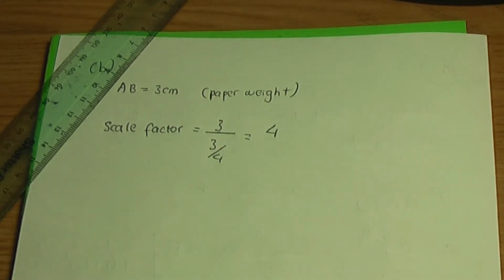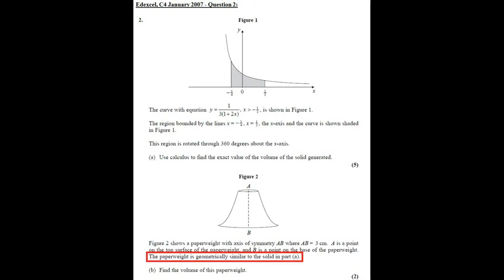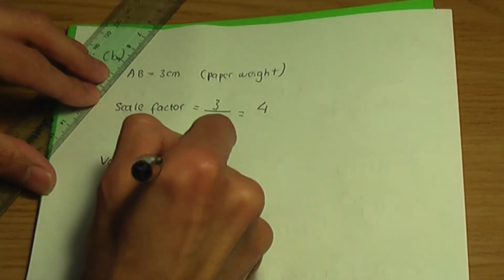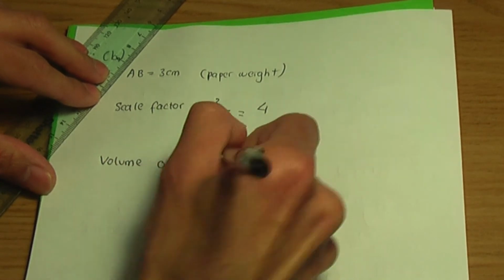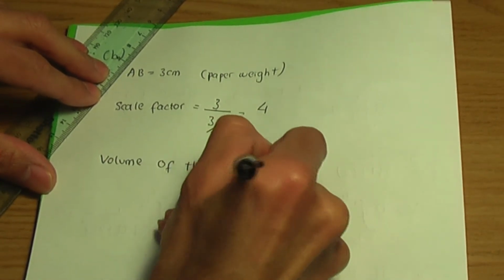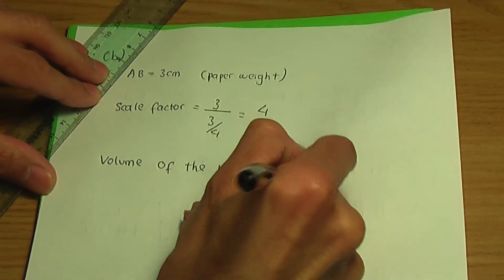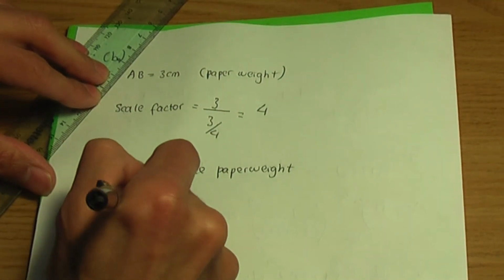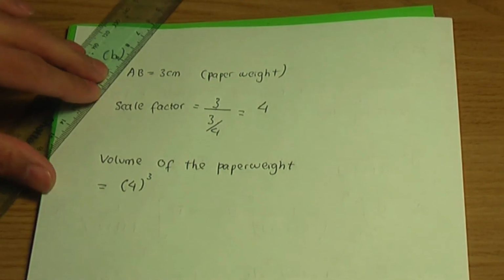Now, bearing in mind that these shapes are geometrically similar, let's go back to the paper and pen to work out the volume of the paperweight. All we need to do is cube the scale factor since we're working out a volume.